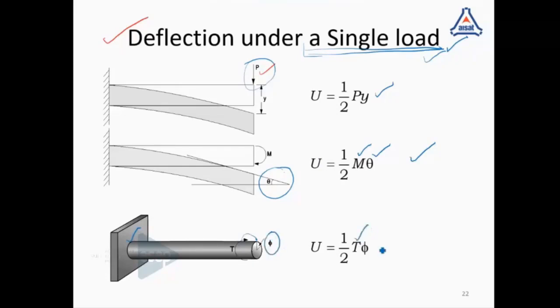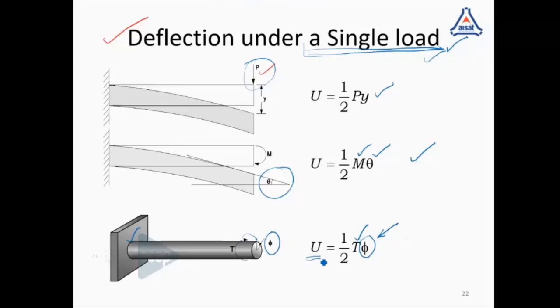So torque T is applied, and that produces a deflection of phi, which is the angle of twist. Here the strain energy is half of T into phi. So these three expressions we can use to find out the deflection.